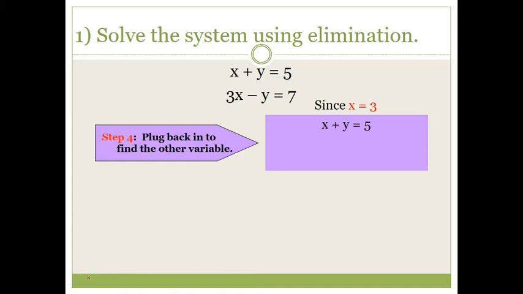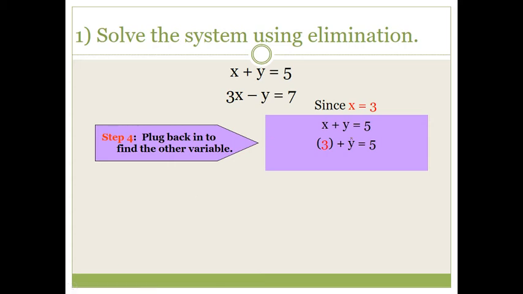The one that has maybe no fractions or decimals, or the coefficients are as small as possible. So in this one, it looks like the top equation is going to be easier to substitute into. So I go ahead and choose the top equation to back substitute 3 into.